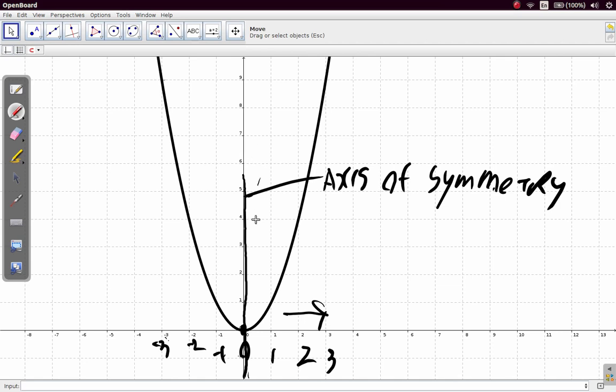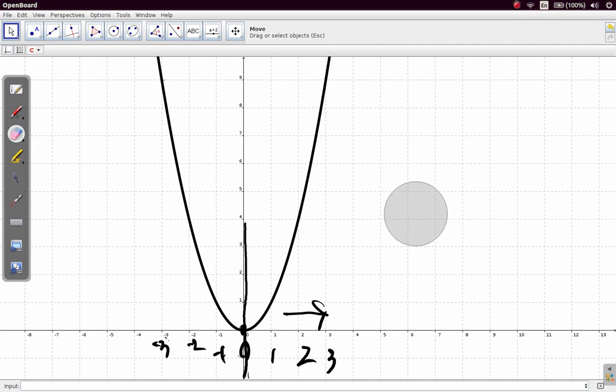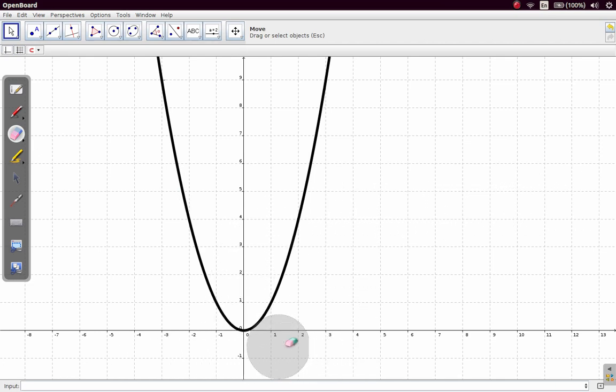Alright, now let us look further at this curve.